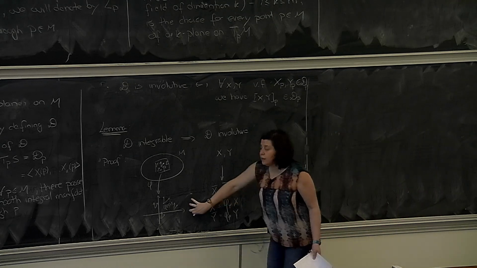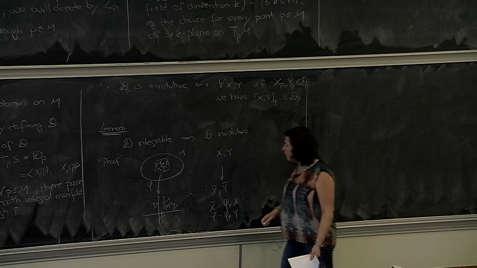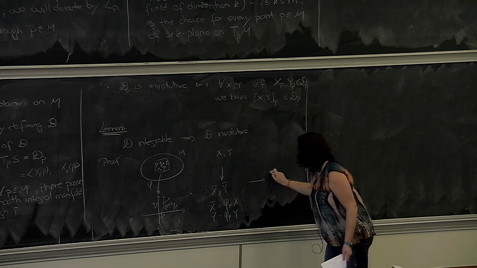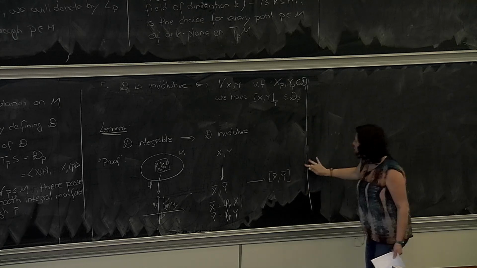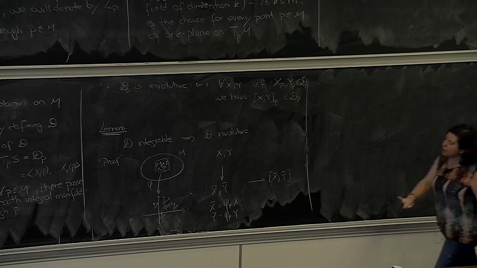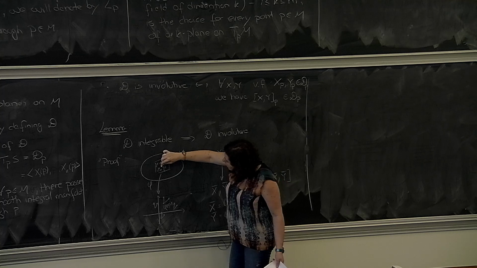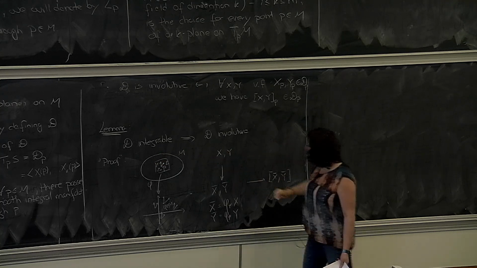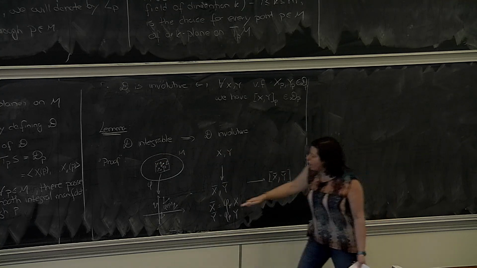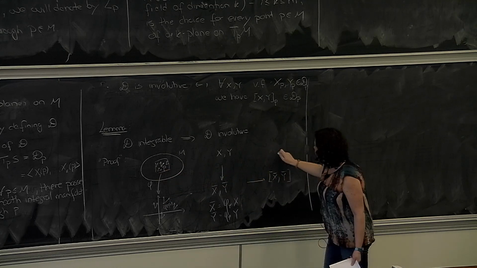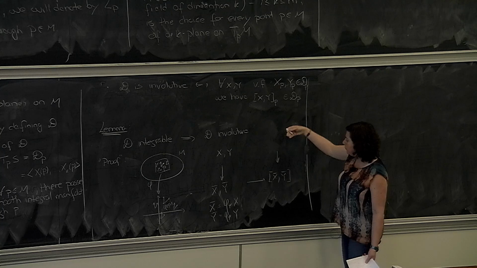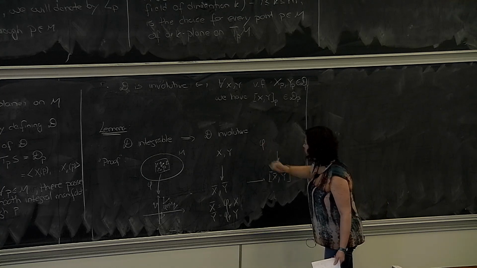And now, since we are on Cm, I can take the Lie bracket. It is well defined here. And since we are just taking a chart, we can now pull back this vector field.